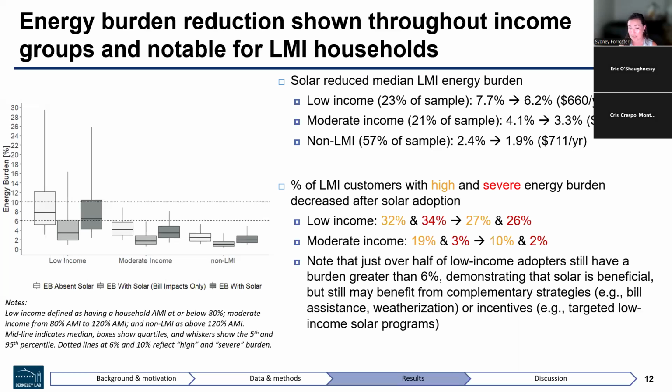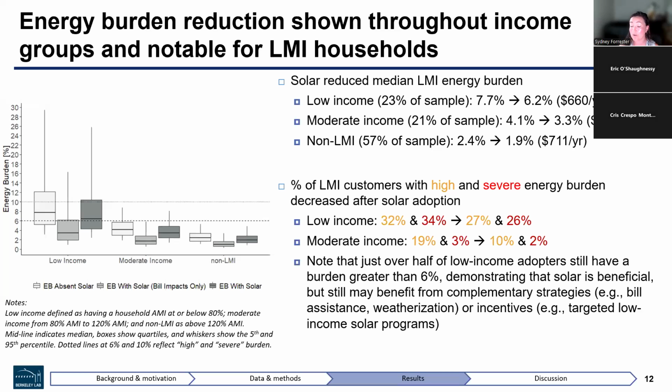So it could have huge positive financial impacts, and that's especially the case with the moderate income adopters. However, if you have a reduction of energy burden but it's still too high, there could be some negative financial impacts for a household, especially if you are unable to pay back the system. That could have impacts on things like credit if you're not able to pay back your debt.